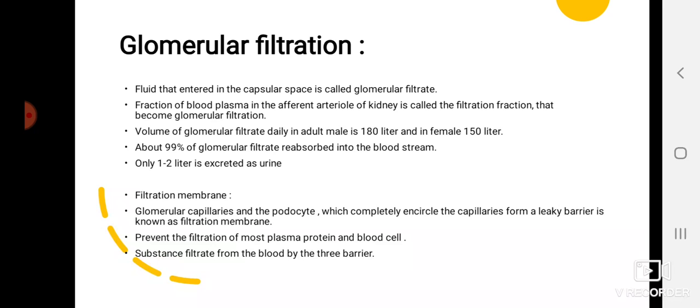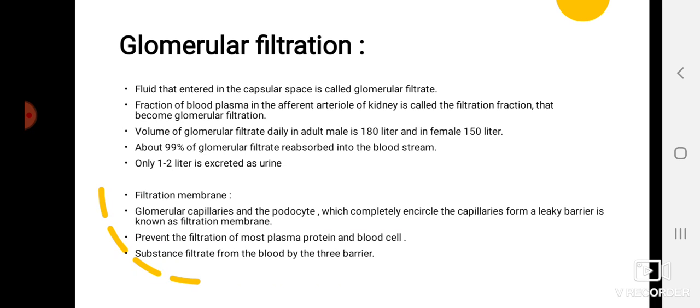The volume of glomerular filtrate daily in an adult male is 180 liters and in a female 150 liters. So this is the average volume of glomerular filtrate, not rate. It is the volume of glomerular filtrate in a day.